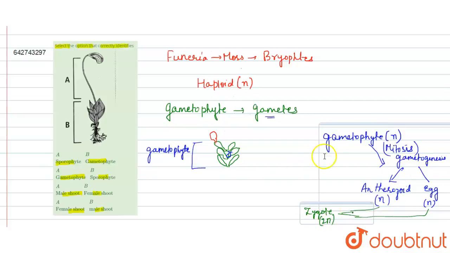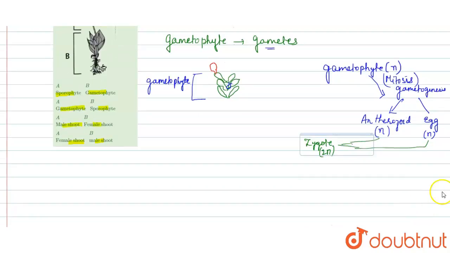Now, this diploid zygote will undergo mitosis, start to divide, and form a structure known as the sporophyte. What would be the ploidy of this sporophyte? It will be 2n.